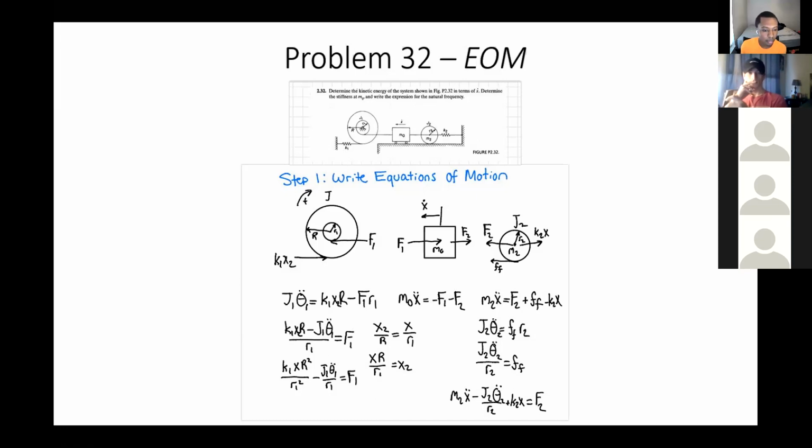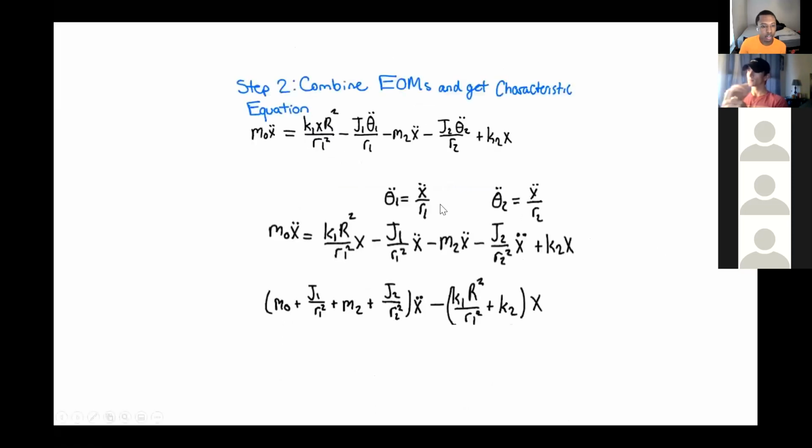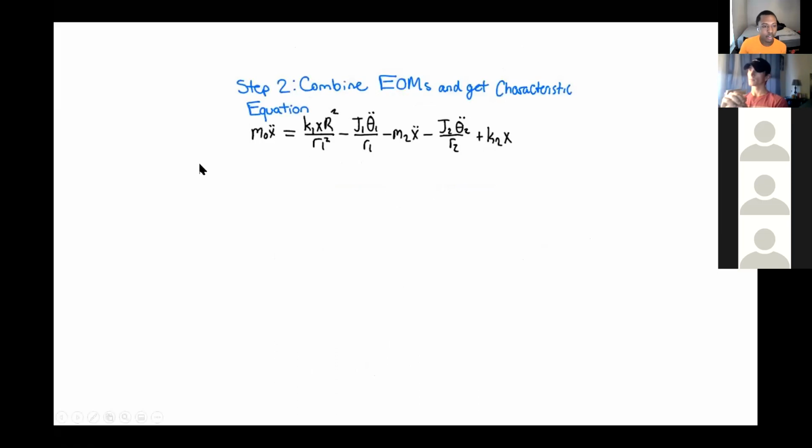Cool. So yeah, this all kind of simplifies down. We can solve for F1, and once we solve for the force of friction, we can solve for F2, and then we're going to plug those into this equation, and that will kind of unite all our three systems. So when we combine everything, we get something like this.